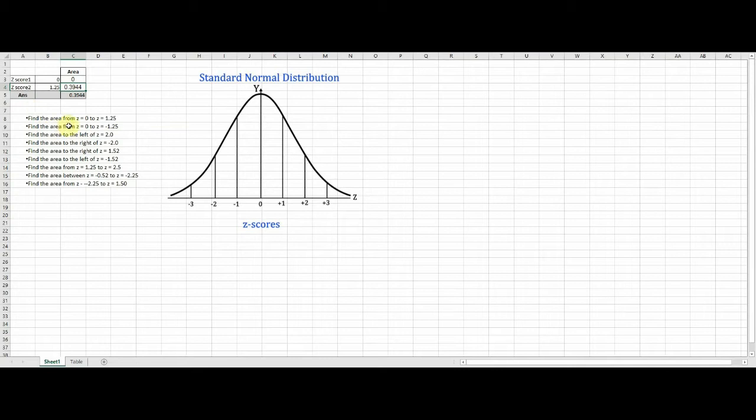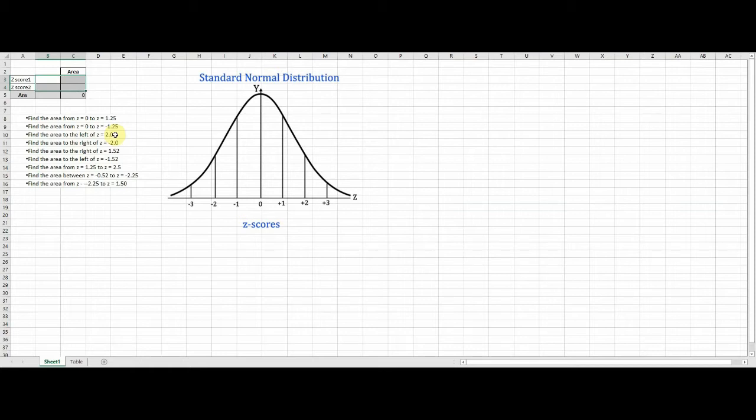Now, the second example is from 0 to the left side, which is -1.25. We will have the same area since they have the same value, even though it is negative. Let's have the third example.